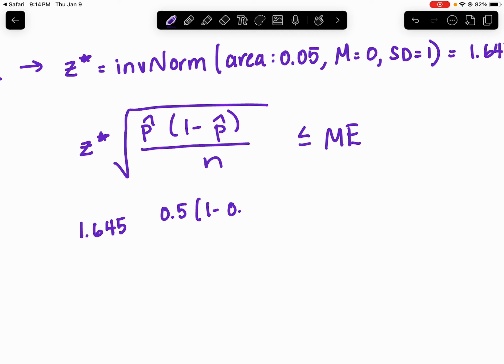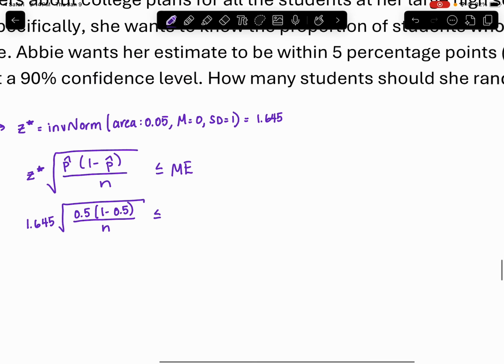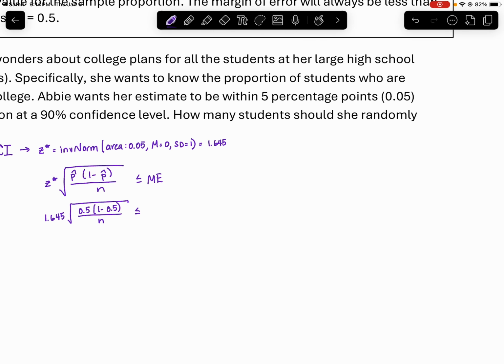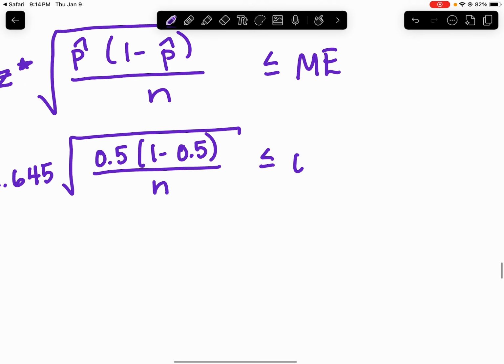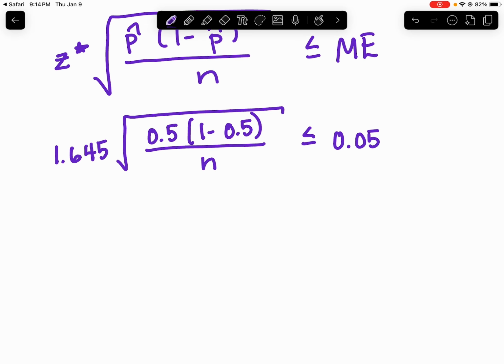And then 1 minus 0.5, which is still 0.5, divided by n. Don't forget the square root, less than or equal to our margin of error, which it says her estimate within 5 percentage points, so 0.05. So going through and solving this, we want to multiply both sides by 1.645.